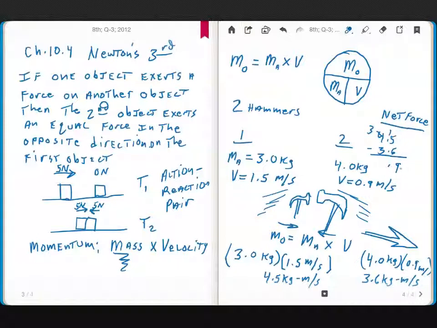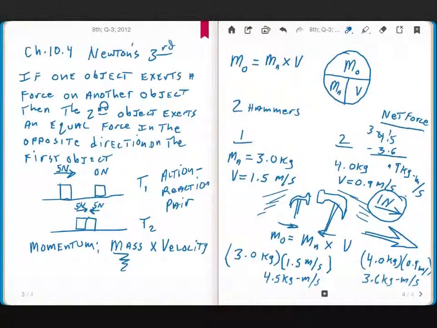So it's 0.9 kilograms meters per second in this direction. So almost 1 kilogram meters per second, 1 newton. We can round it off to 1 newton in this direction of force. Okay? Does that make sense? All right.